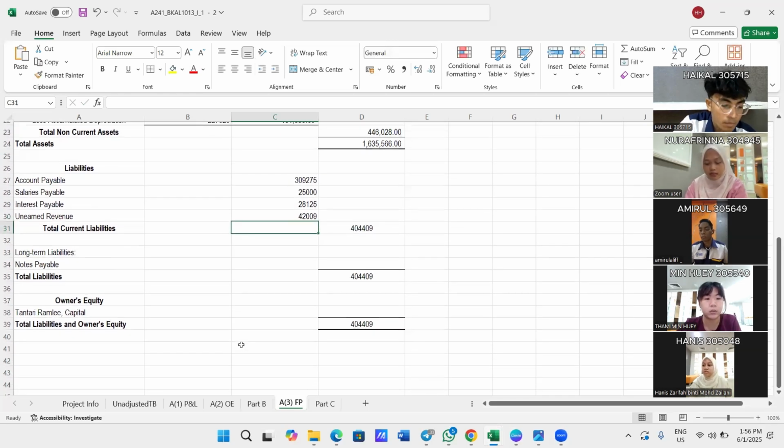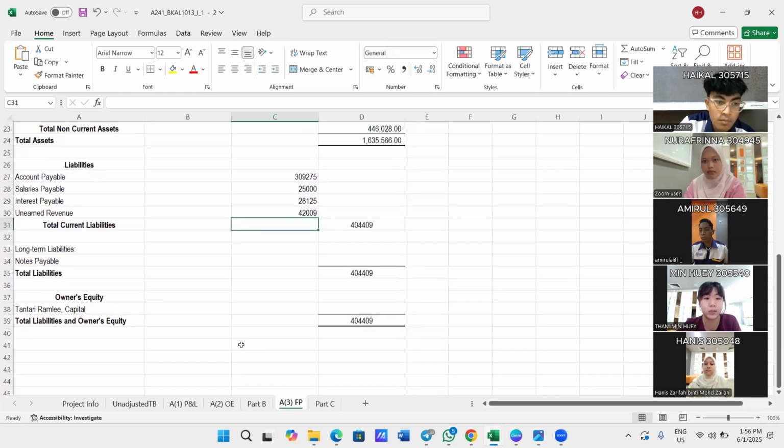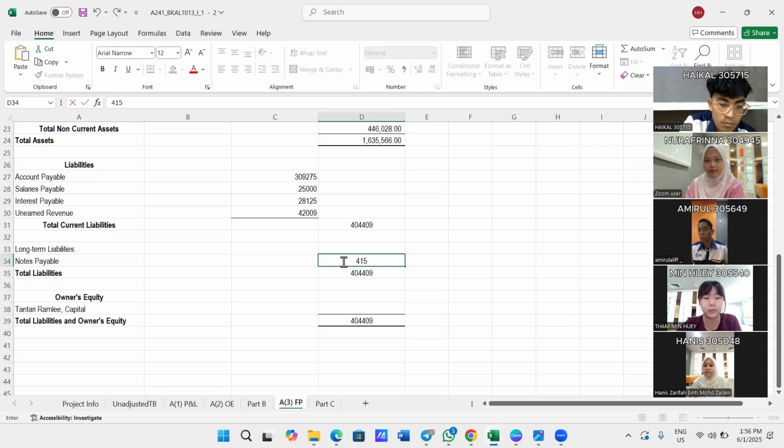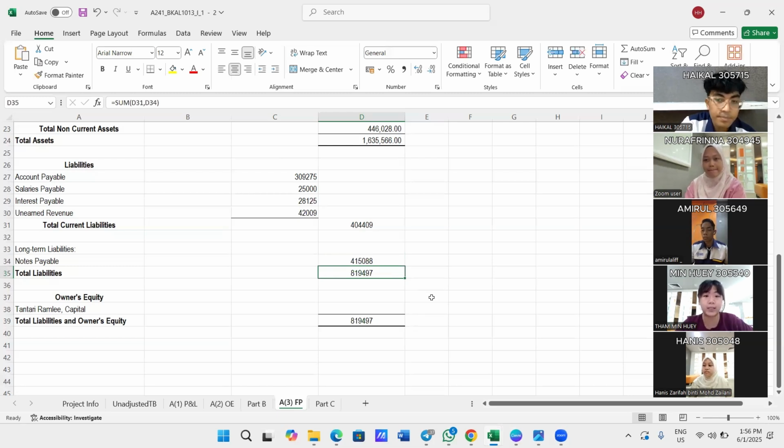Also the total current liabilities is 404,409. So next for long-term liabilities, the amount for notes payable is 415,088. So the total liabilities is 819,497, which is total current liabilities plus long-term liabilities. The next is owner's equity. For the capital, the amount is 816,069.